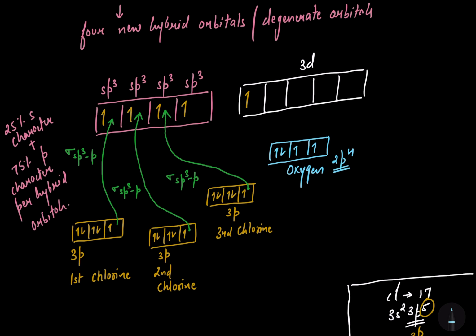orbitals of the phosphorus. So the first 2p orbital having 1 electron will form the sigma bond with the sp3 hybrid orbital of phosphorus by head-on overlap.